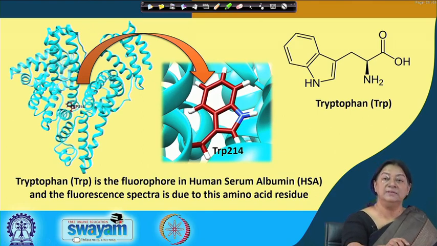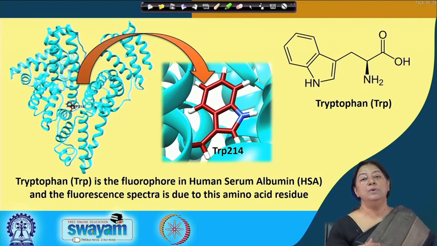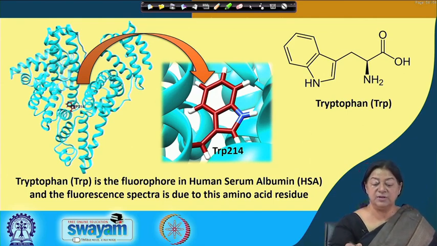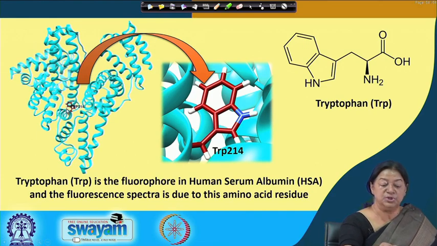Since we have a tryptophan, as I mentioned before, we will excite the molecule at 295 nanometers, and we are going to excite the tryptophan. Then we are going to monitor the fluorescence spectra. Now, if we add a specific compound, here is our tryptophan at this position here.